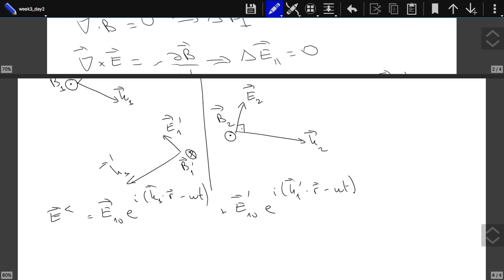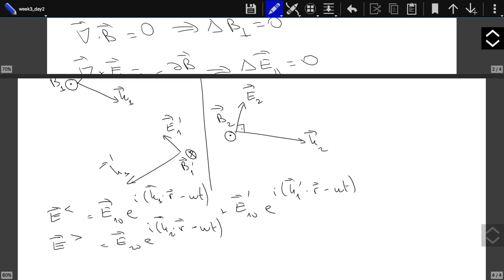This is the electric field on the left-hand side, and there is the electric field on the right-hand side. This is E20 e to the power i(K2 dot r minus omega t). So these are my electric fields.